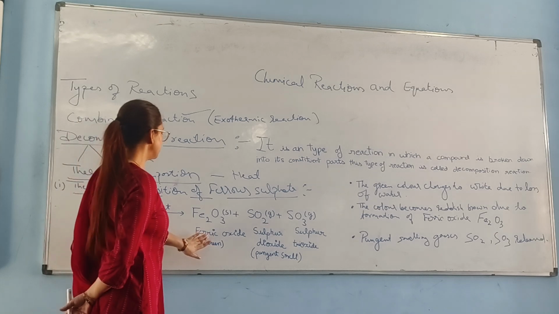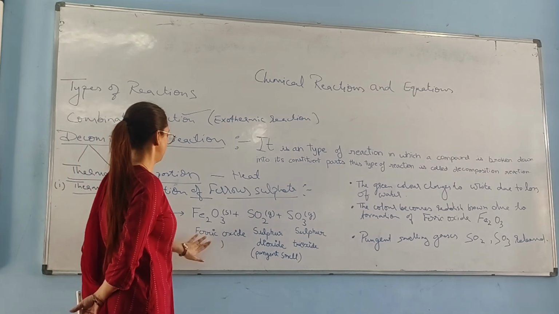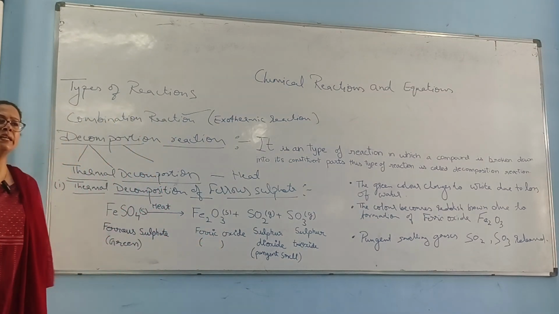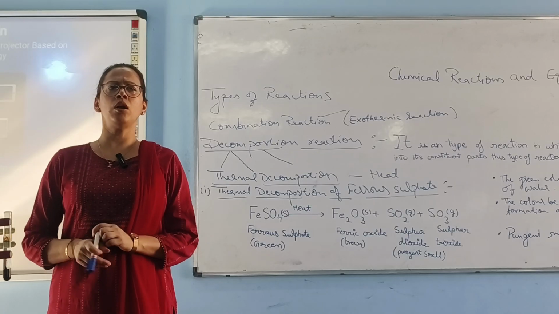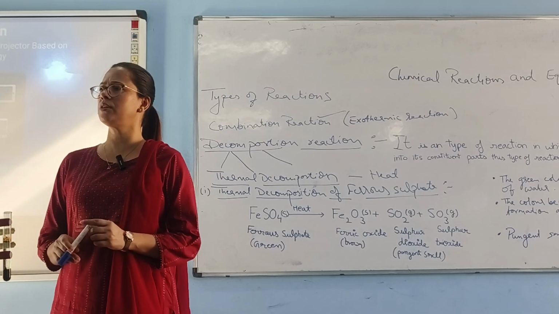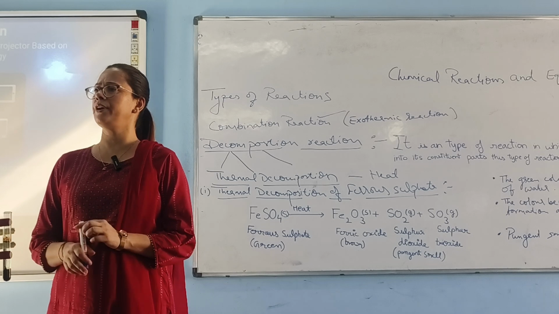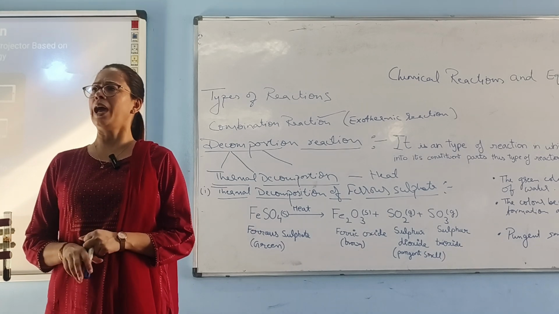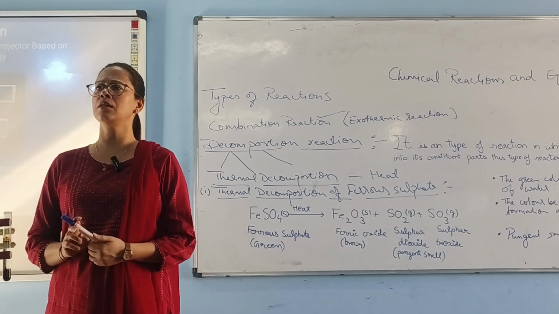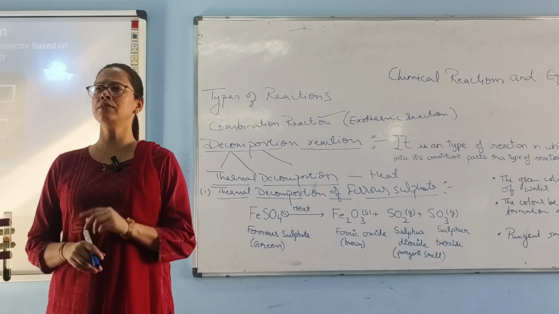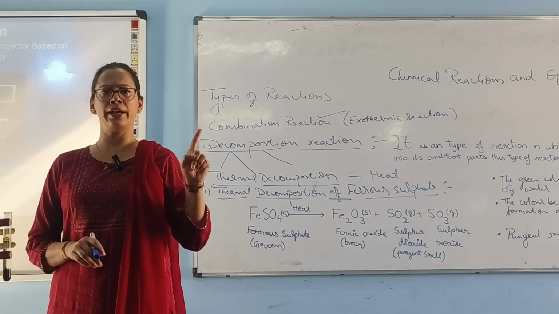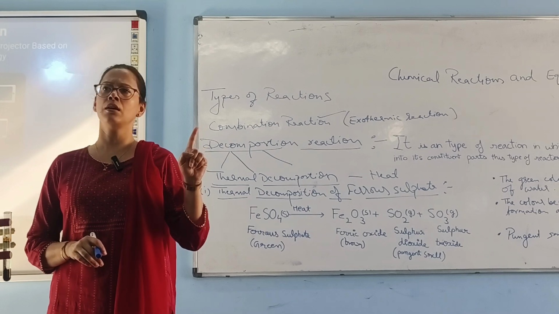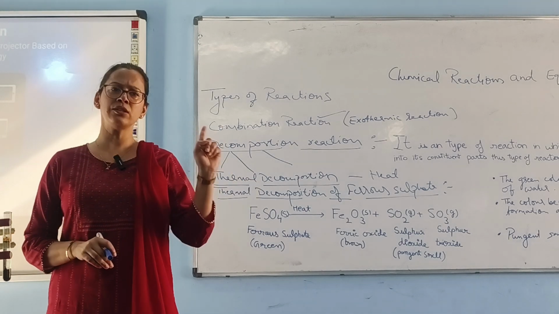Ferric oxide is not green, it is brown. Ferric oxide is brown in color. What have we observed in the decomposition of ferrous sulfate? As soon as ferrous sulfate is heated, what happens? It becomes white. Why does it become white? Due to the loss of its water content.